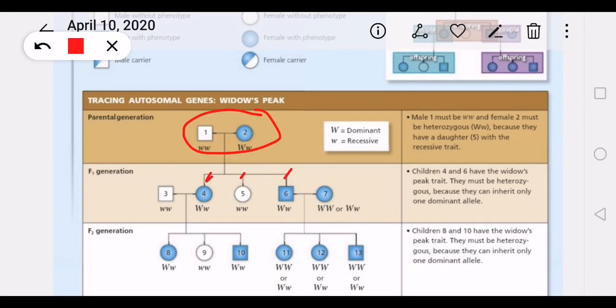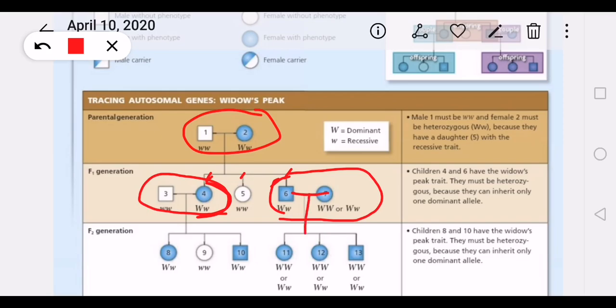Now this man, this son, got married with this lady, and this daughter got married with this man. Okay. Now this man got married with this lady, and they have kids.